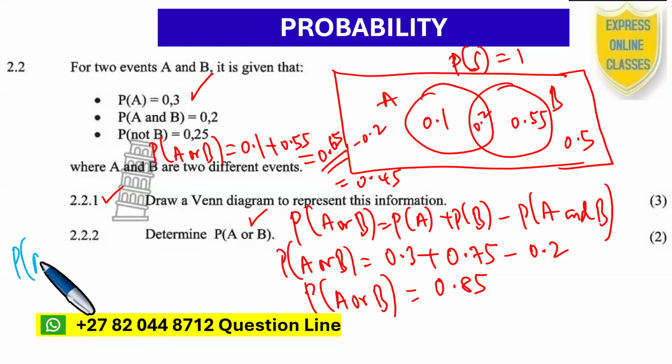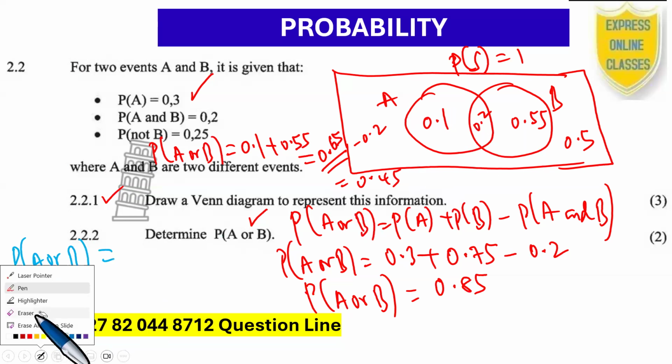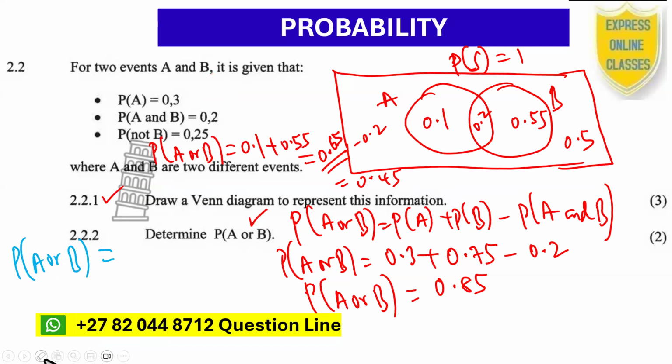The probability of A or B, we can use the numbers on the Venn diagram. If you look at these carefully, you can think as follows. The probability of only A is 0.1. So this one is only A. And this one is what? Only B. And this one is what?